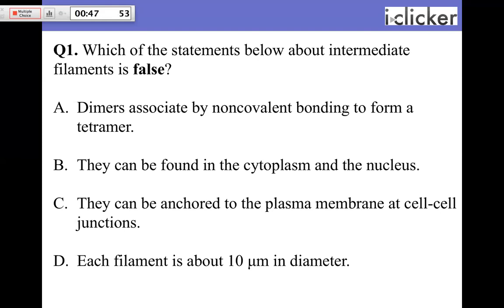So you're going to read all of these 4 statements and identify which statement is false.